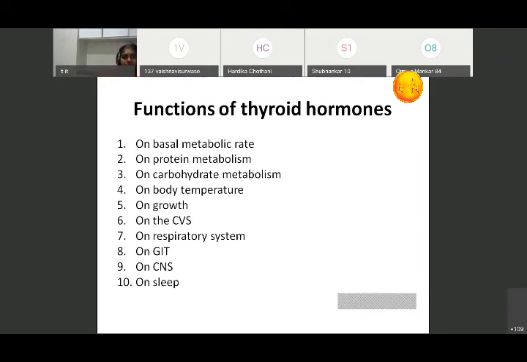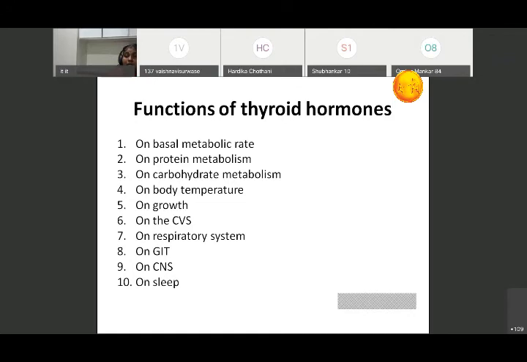Now we will take the fourth, body temperature. Listen, as you know, the metabolic rate is increased. Whenever the metabolic rate is increased, whether of protein, carbohydrate, or fat, the body temperature increases. Heat production is there, and body temperature increases. So a hyperthyroid person always has increased temperature.